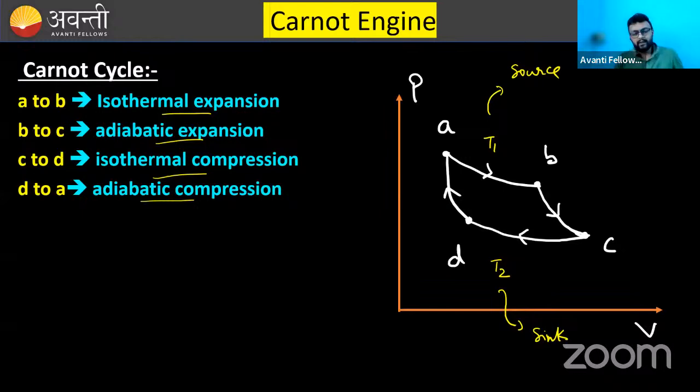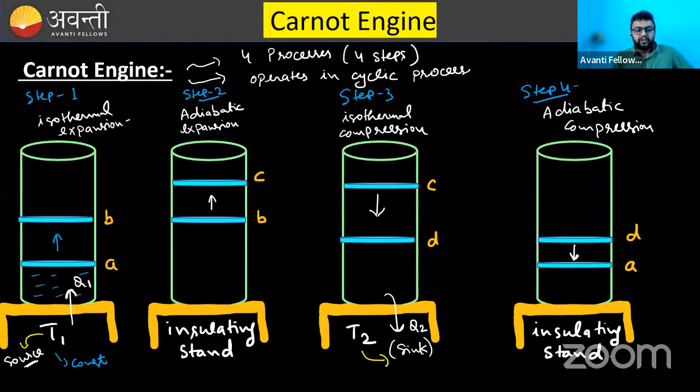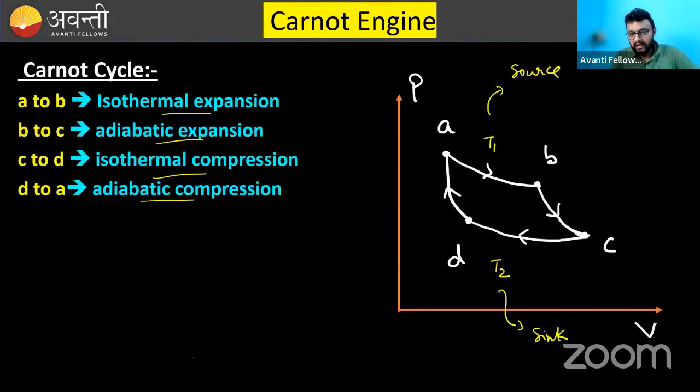Now again, during step 1, Q1 heat is given to the system. So I will mark it as Q1 heat given to the system.